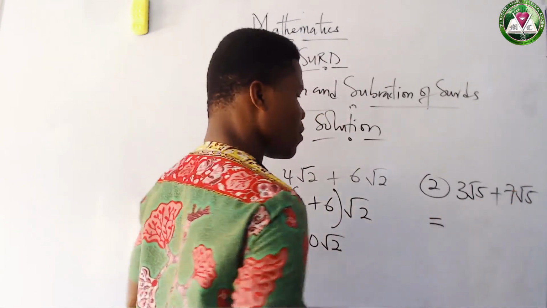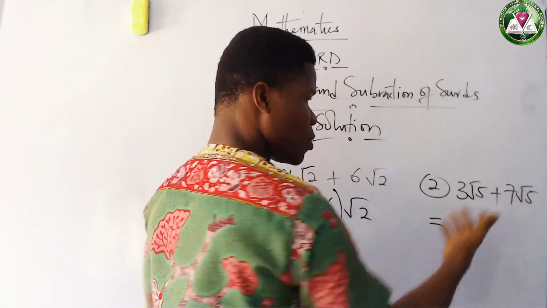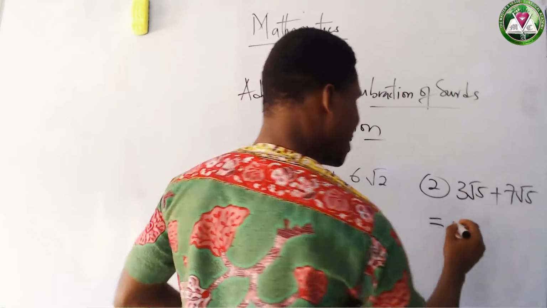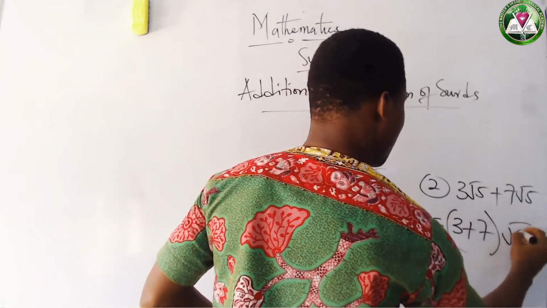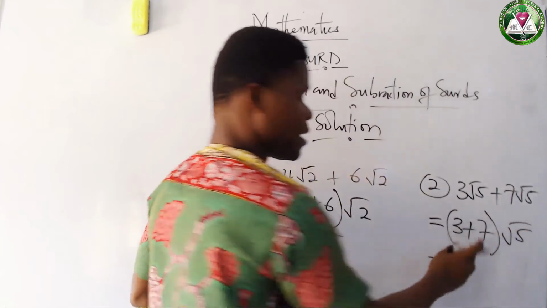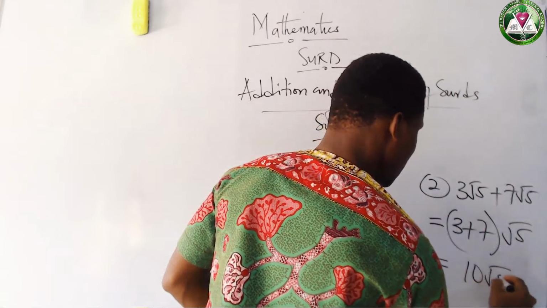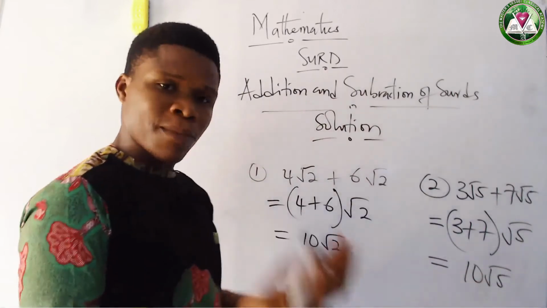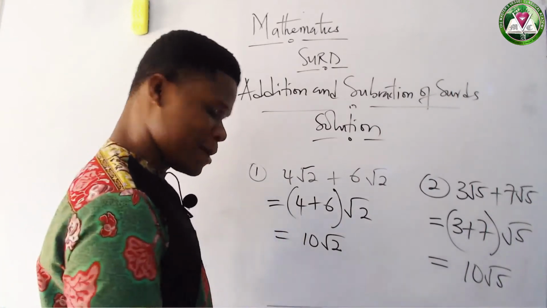Since they are in the simplest form and they are like terms, we add the numbers outside. This will give us 3 plus 7 bracket root 5. 3 plus 7 will give us 10 root 5. These ones are already simplified, that's why we didn't simplify. We now check for like terms.